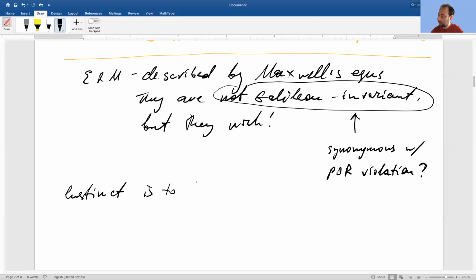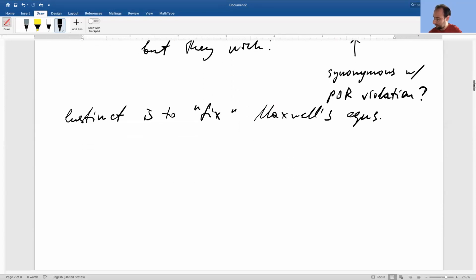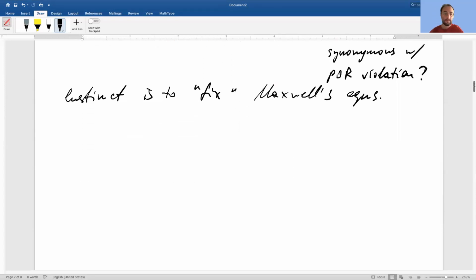Okay, and so instinct is to fix E&M, or fix Maxwell's equations, or find some kind of a surface level solution. And not only are Maxwell's equations not Galilean invariant, but they also give predictions that suggest the existence of a special reference frame.